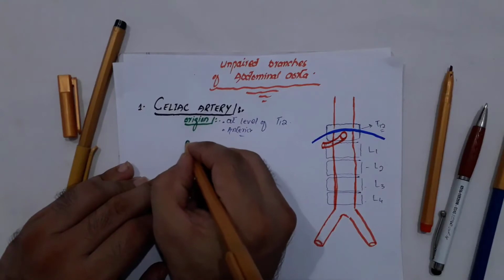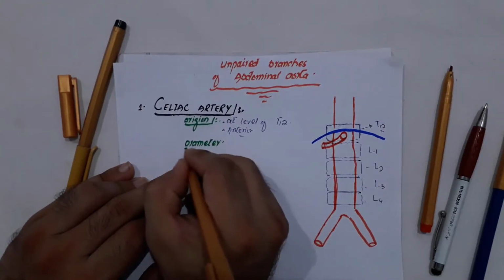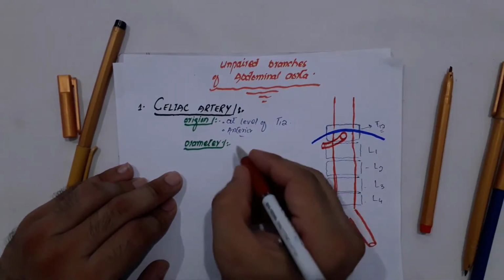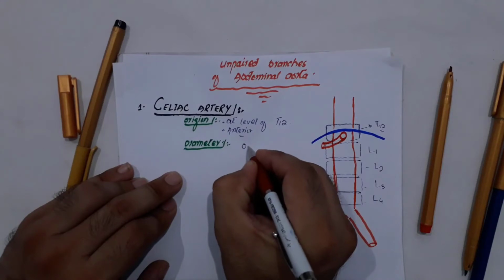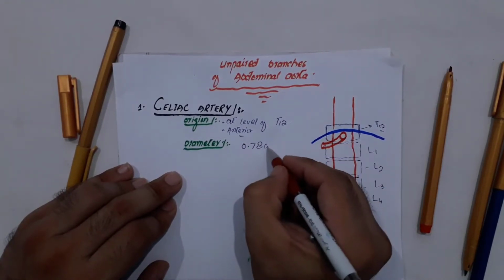The next important thing about this artery is its diameter. What is the diameter of this artery? Its diameter is about 0.78 centimeter.